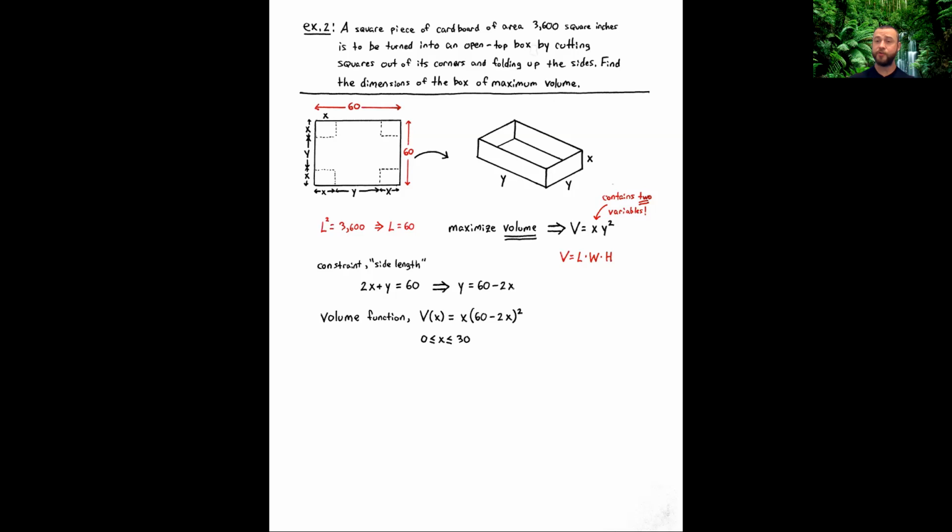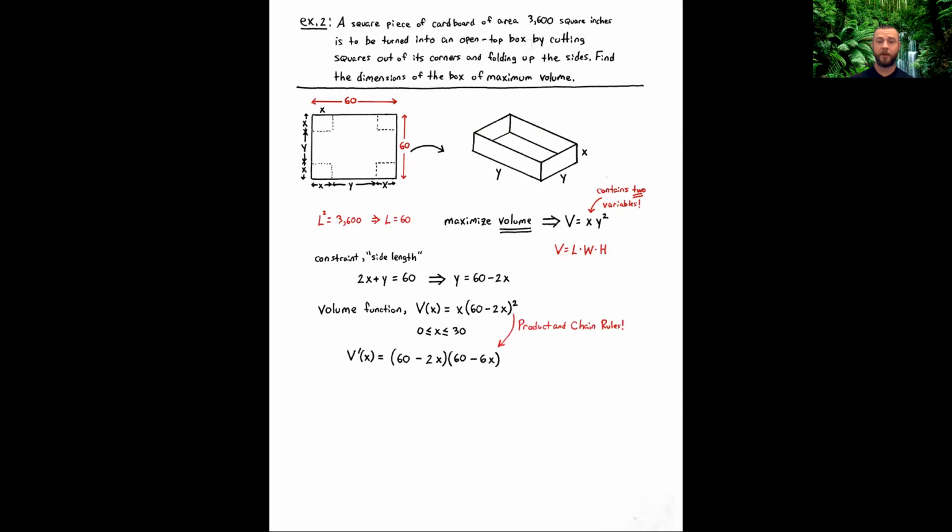All right, welcome back. If you use a combination of product and chain rule and simplify your derivative, you can factor out 60 minus 2x. A fully factored or simplified version should give you the derivative as 60 minus 2x times 60 minus 6x. You might, of course, have factored out some factors of 2 or factors of 6, but it's going to be equivalent to this. Now, this is a polynomial expression in factored form.